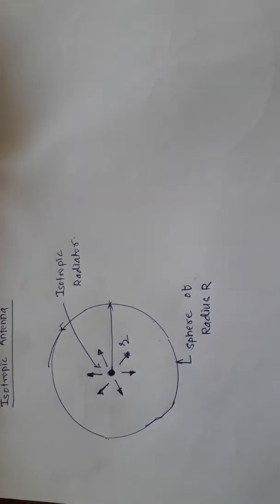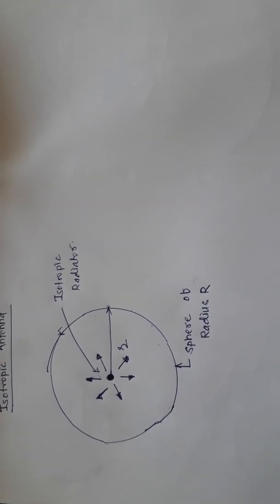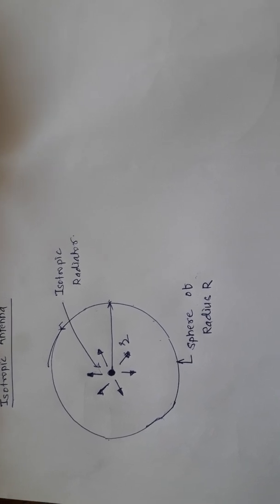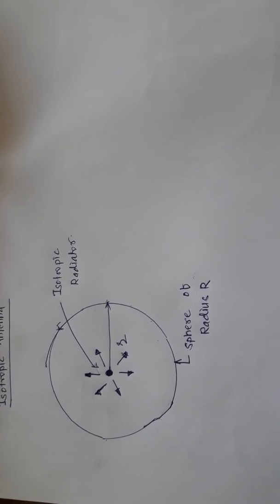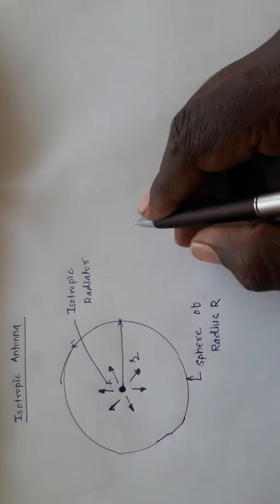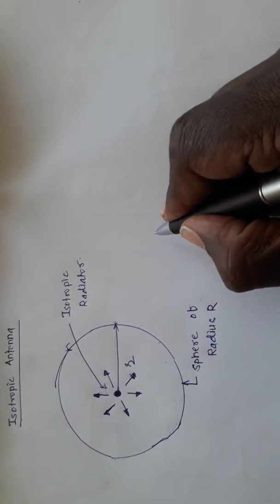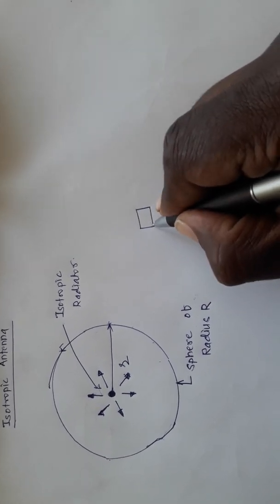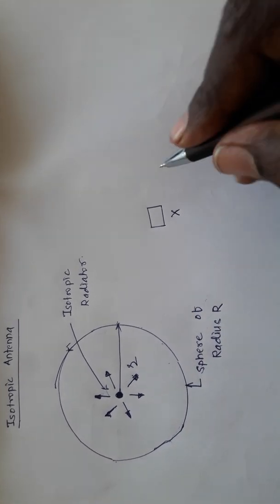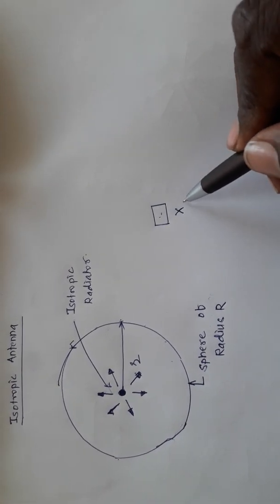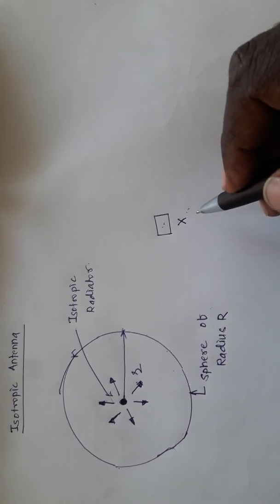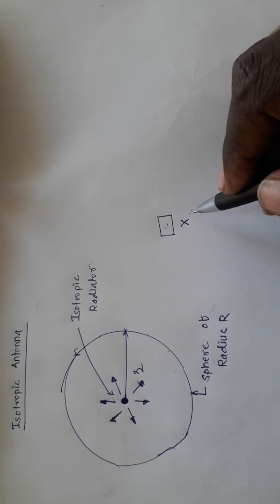These isotropic radiators are always used for studying radiation patterns, for judging and comparing the performance of real life antennas. Suppose I have designed an antenna, say antenna X, and I want to check the performance of this real life antenna. Real life antenna means it is actually present, we have already designed it.